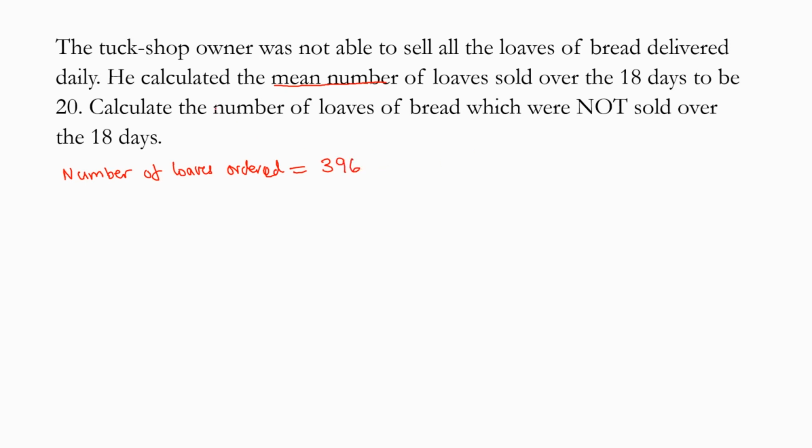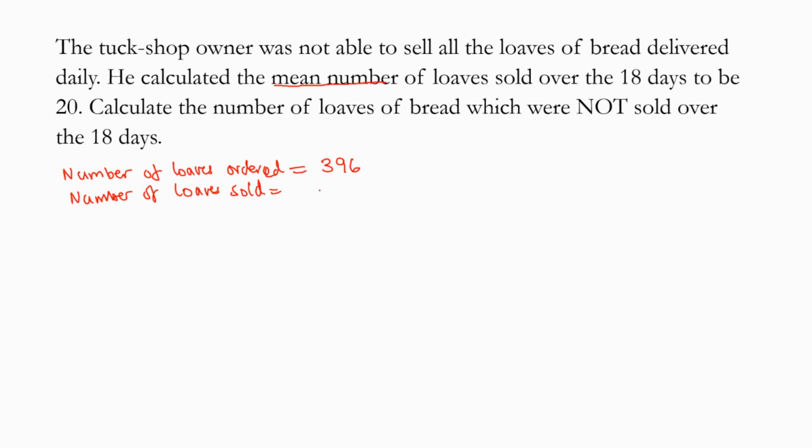Okay, but now he says he calculated the mean number of loaves sold over 18 days to be 20. So it means what? How many loaves in total were sold? So it means there were, let's say, number of loaves sold.